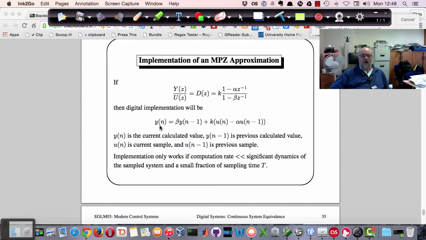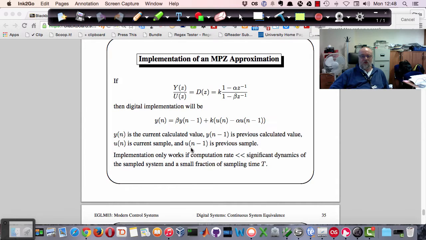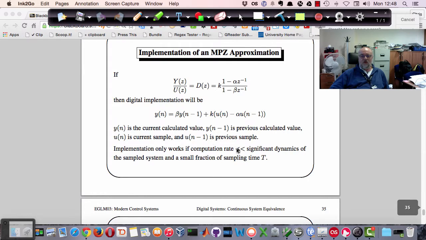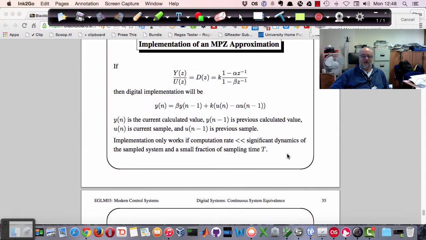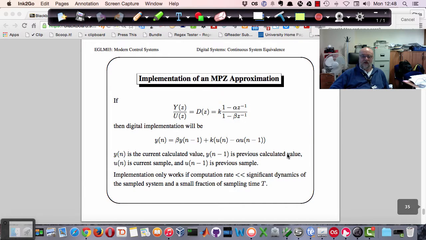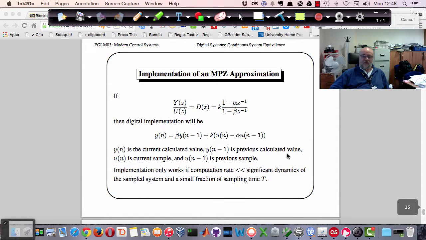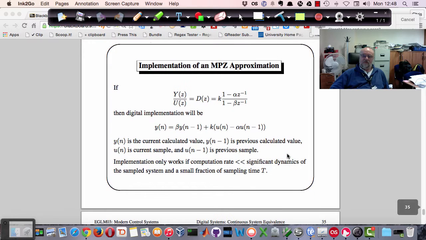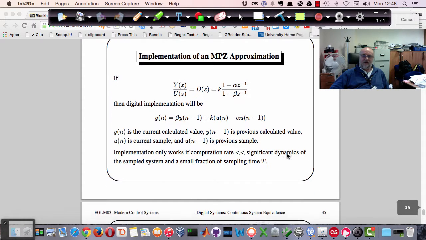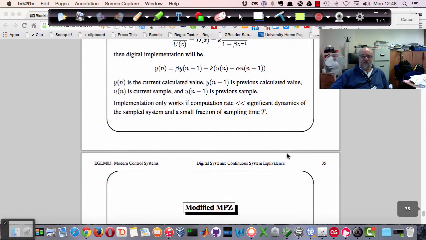But of course it's impossible to compute y of n immediately. It takes time to do the computation. So this only really works if the computation time is much less than any significant dynamics of the sampled system and a small fraction of the sampling time. Otherwise there'll be a significant delay, and that delay can destabilize your system.